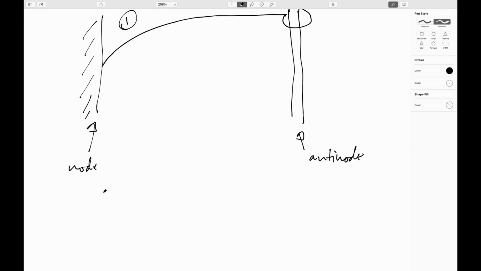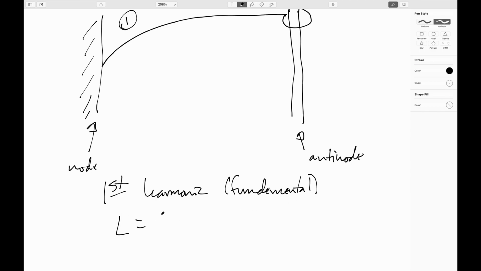So my first harmonic, or fundamental, the entire length of this, I could fit in half of a loop or a quarter of a wave. So the wavelength of the fundamental here is 4 times the length between the ends.